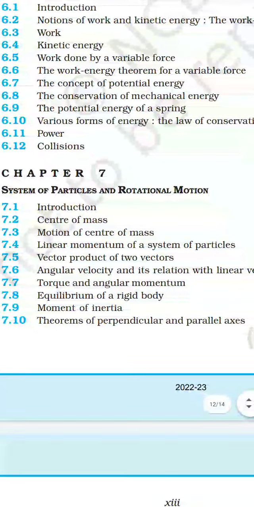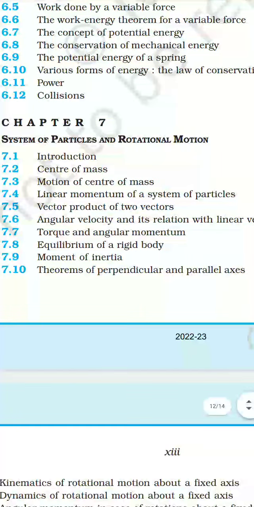Then we head on to system of particles and rotational dynamics. Till now we have considered all the particles as point masses, but that is not true for all bodies, since nothing is a point mass in our universe. So we consider them as a system of particles and do the analysis after that.